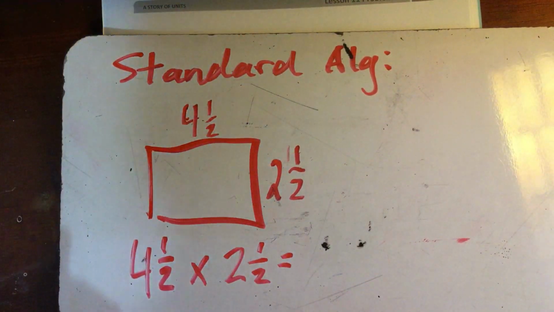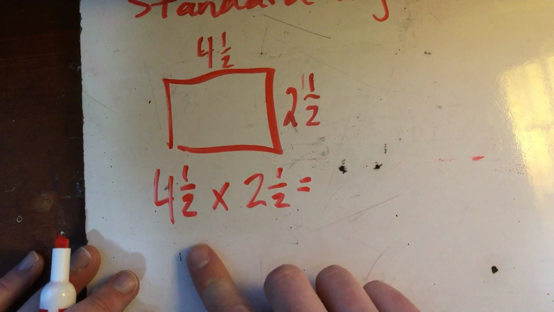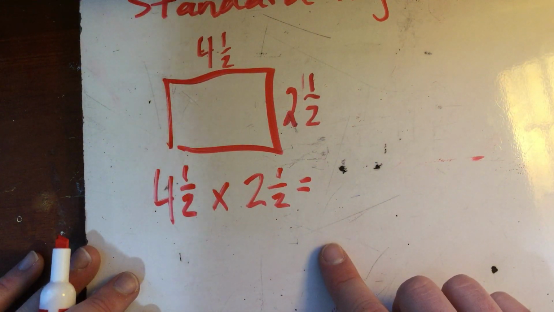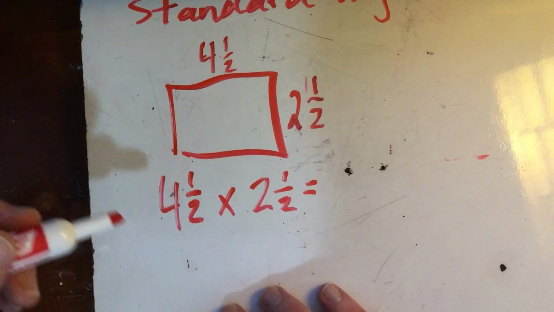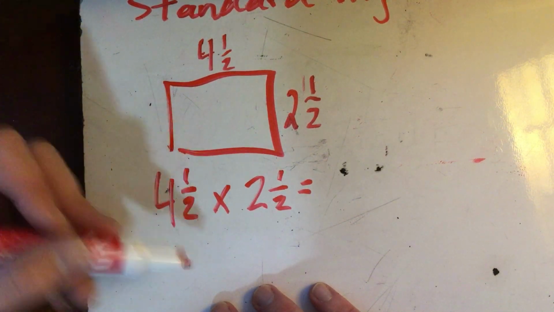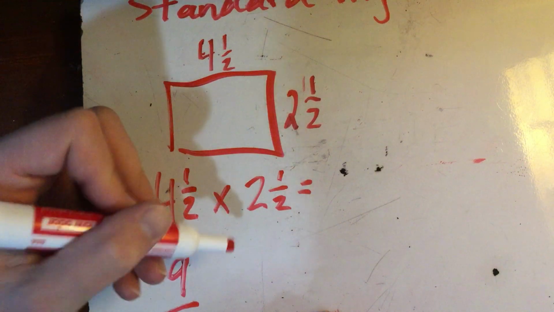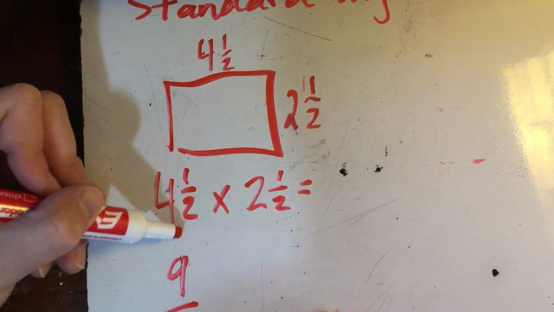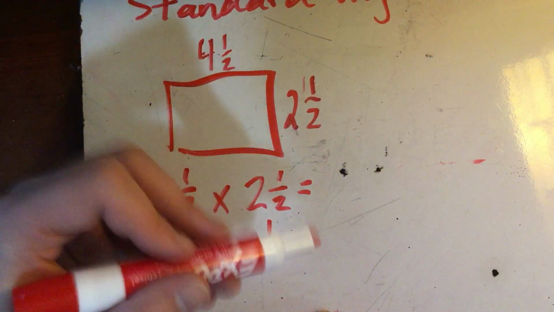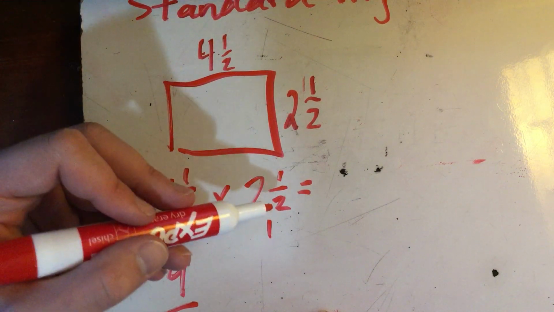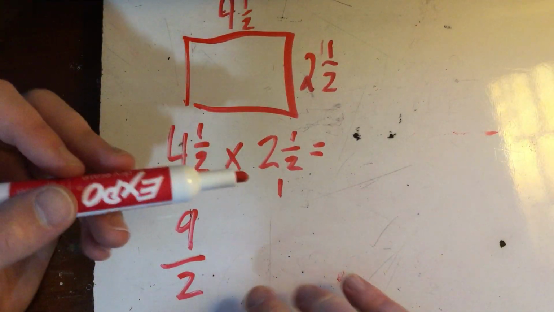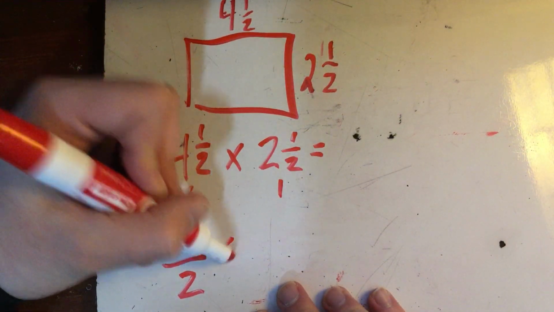In order for me to more easily multiply, I'm going to turn each one of these numbers into an improper fraction. So I know that 4 times 2 gives me 8, plus 1 extra half is going to give me 9 halves. And then over here for 2 and 1/2, I know 2 times 2 is going to give me 4, plus 1 extra half is going to give me 5 halves.